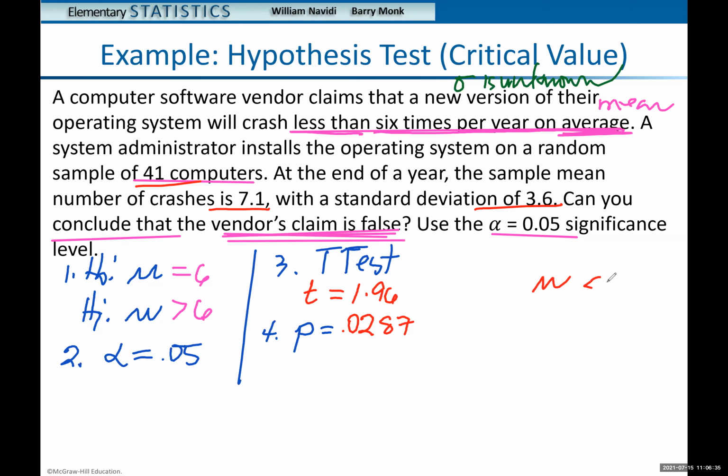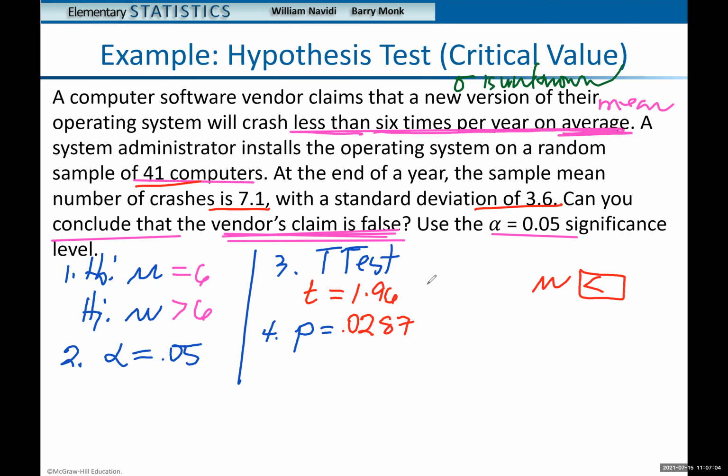Highlight less than, and let me know what you see. The p-value changed. It's different, 0.9713.